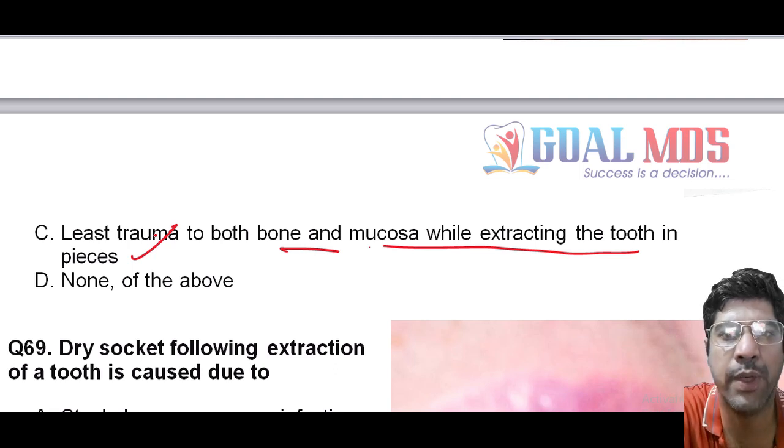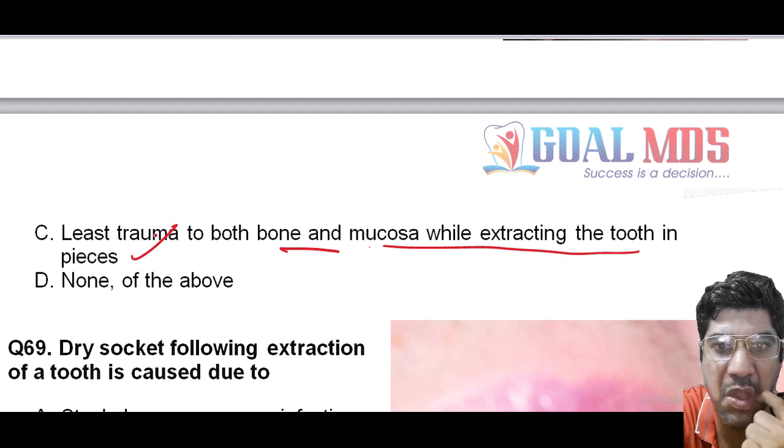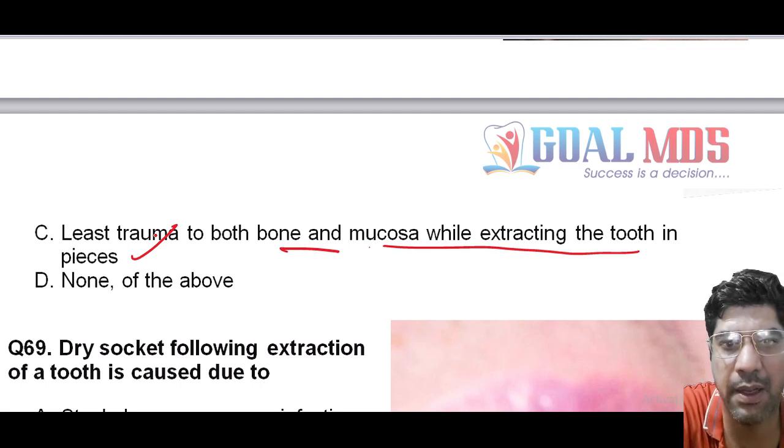So the ideal goal during tooth extraction is to achieve the removal of tooth or tooth root with minimal trauma to the surrounding tissues, that involves both the bone and the mucosa. So the primary objective is to minimize the trauma to both bone and mucosa for an uneventful healing process.